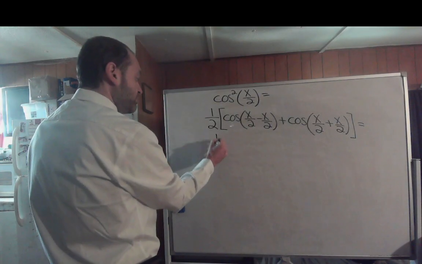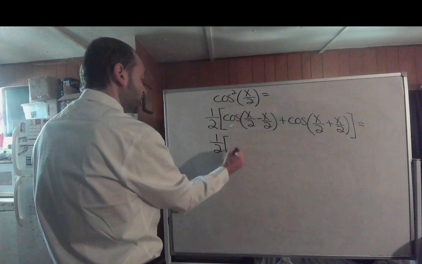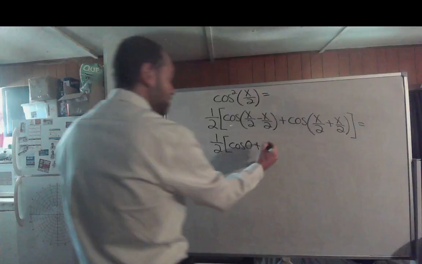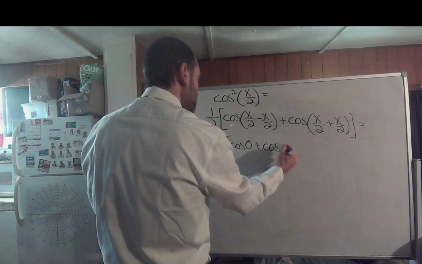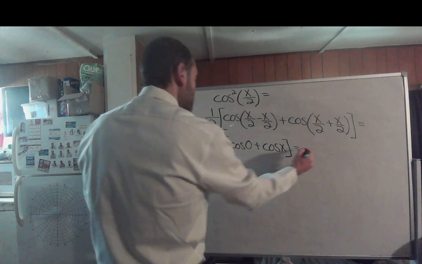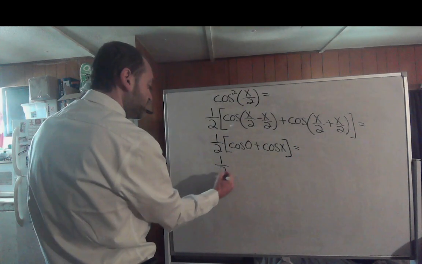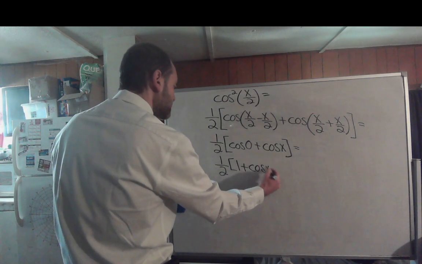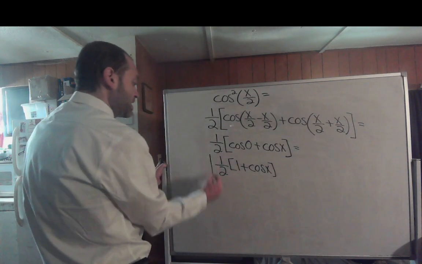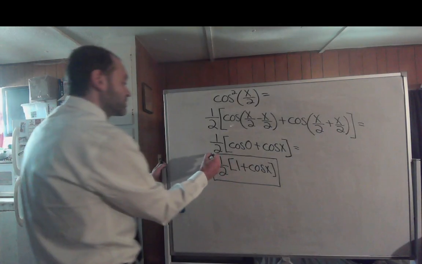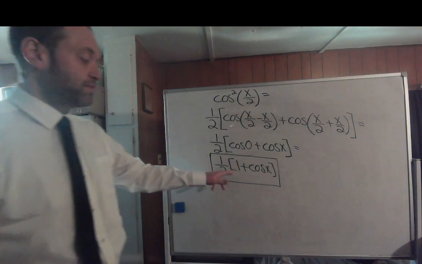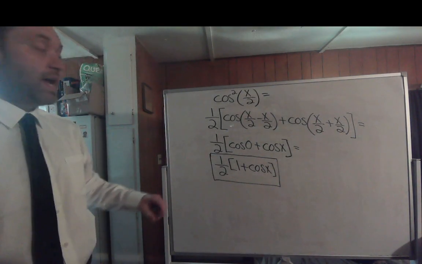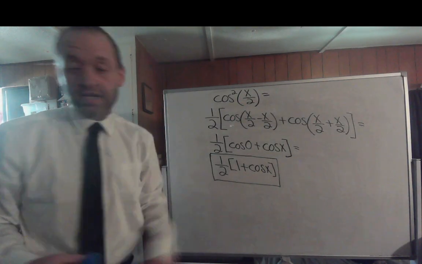Well, that would end up giving me 1/2 of the quantity of the cosine of 0 plus the cosine of x, which would give me 1/2 of the quantity of 1 plus the cosine of x. So that cosine squared of x over 2 simplified nicely into half of the quantity of 1 plus the cosine of x. So a half angle formula was not necessary this time.